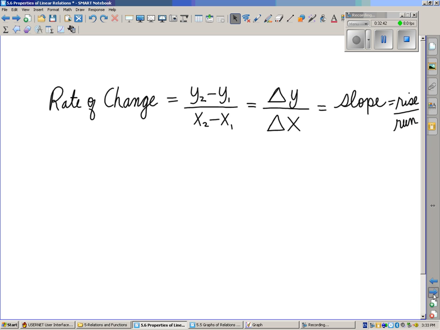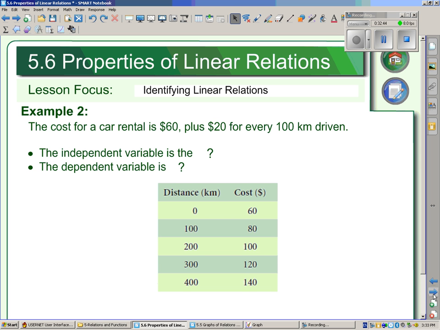I have another example. I'm going to take this information right through. We're going to look at different ways. If I have a table, if I have a graph, if I have ordered pairs, how do I determine if it's linear? So here is the first example that we have. It says the cost of a car rental is $60 plus $20 for every 100 kilometers that you drive. So you're going to be charged a certain price for the distance that you drive.